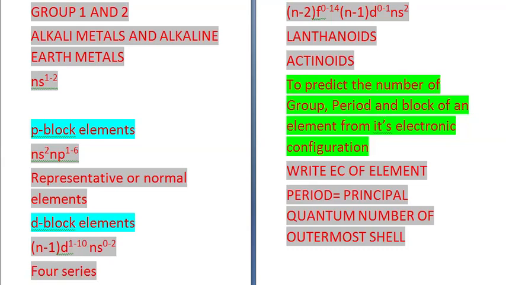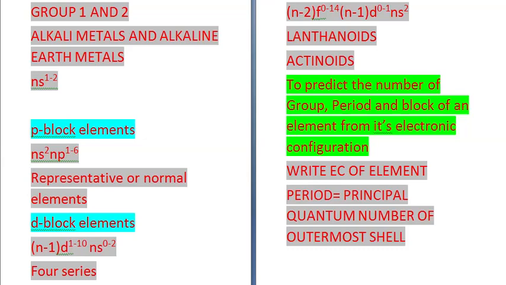General characteristics of d block: they have high melting points, they are hard metals except for mercury, they are malleable and ductile, and they can form both ionic as well as covalent compounds. They show variable oxidation states, they are good conductors of heat and electricity, they form colored compounds and have a tendency to form complexes because a lot of space is available in them.